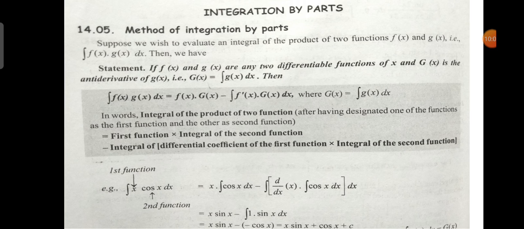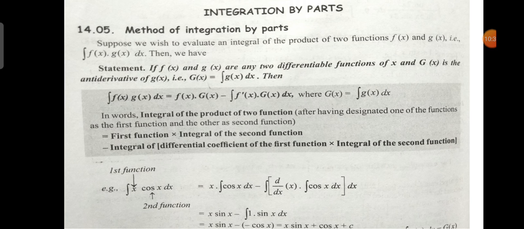That is, first f of x into capital G of x, minus the integral of the derivative of the first function, f dash of x, into the integral of the second, capital G of x, dx. This is to be found out.